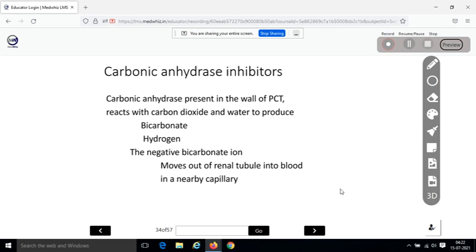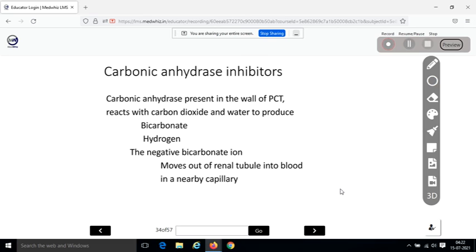Carbonic anhydrase is present in many nephron sites, including the luminal and basolateral membrane, the cytoplasm of the epithelial cells, and the red blood cells in the renal circulation. But the predominant location of this enzyme is the luminal membrane of the proximal tubule. There it is necessary to catalyze the dehydration of carbonic acid, a critical step in the proximal reabsorption of bicarbonate.